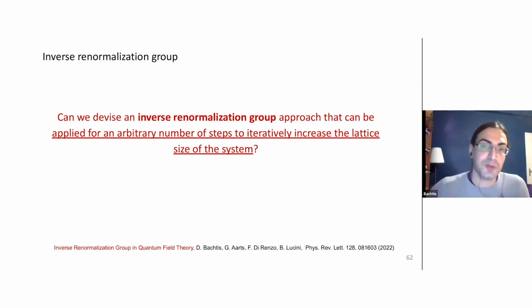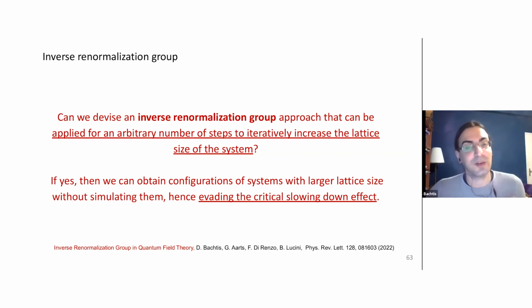So now I want to move to the final topic of this talk. Can we devise an inverse renormalization group approach that can be applied for an arbitrary number of steps to iteratively increase the lattice size of the system? If yes, then this means that we can obtain configurations of systems with larger lattice size without having to simulate these systems, and therefore without experiencing the critical slowing down effect.